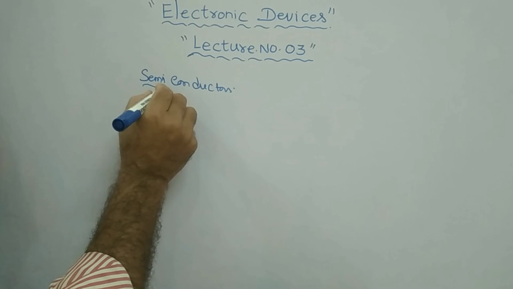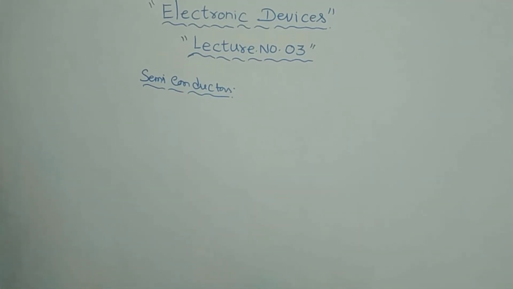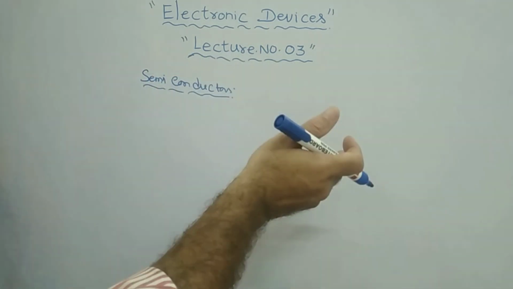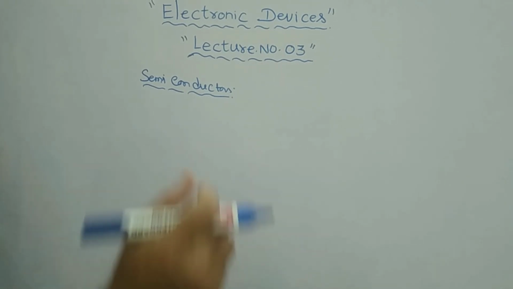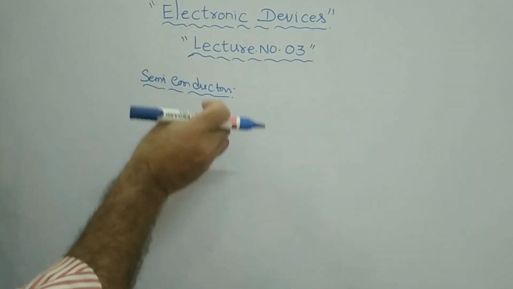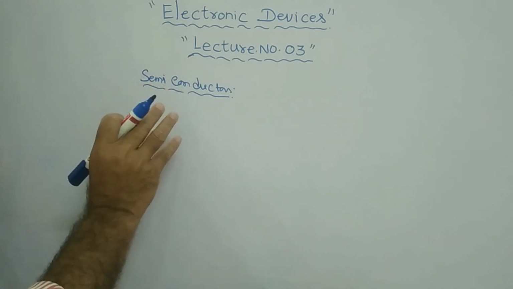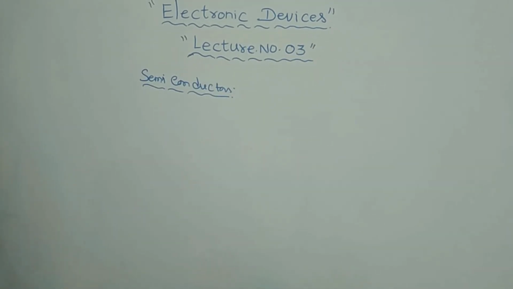Semiconductors are the materials which exhibit properties in between insulators and conductors. Those materials are called semiconductors, right?